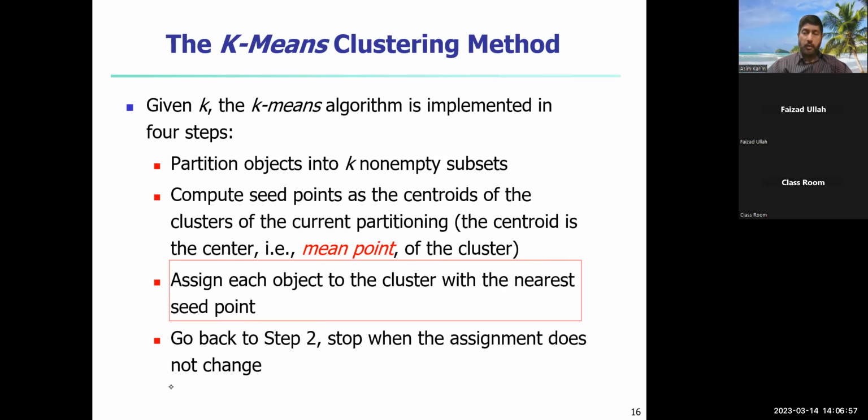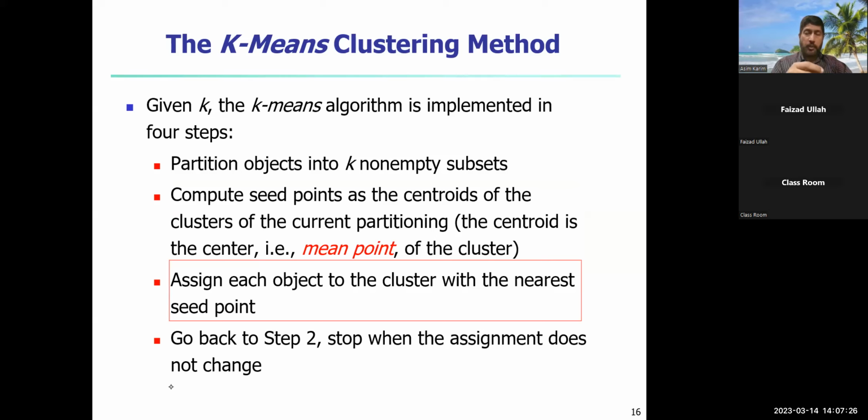Then you go into the loop where you assign each object to the nearest cluster mean. Of course, nearest means that you have a similarity function defined, और जिस मीन के साथ एक ऑब्जेक्ट सबसे क्लोजेस्ट है या मोस्ट सिमिलर है उस क्लस्टर में आप वो डाल देते हैं ऑब्जेक्ट. ठीक है.